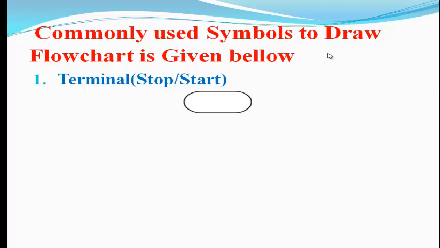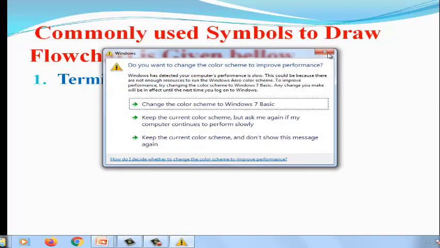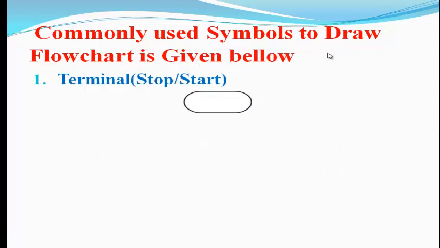It represents start, stop, and some of the program's logic of the flowchart. The terminal is the first and last symbol of a flowchart. When we design a flowchart, the first step and the last step are represented by this symbol.